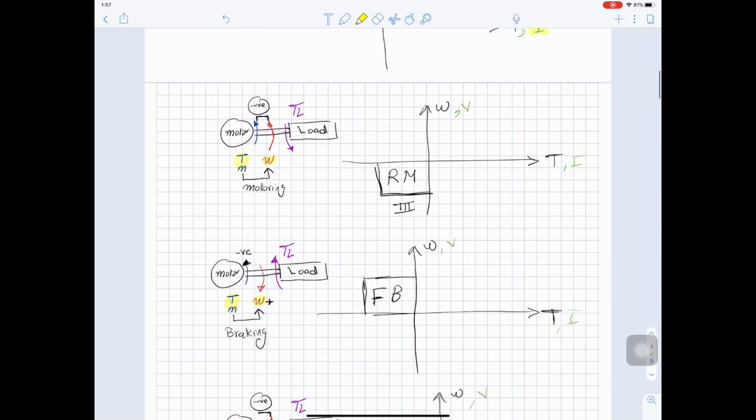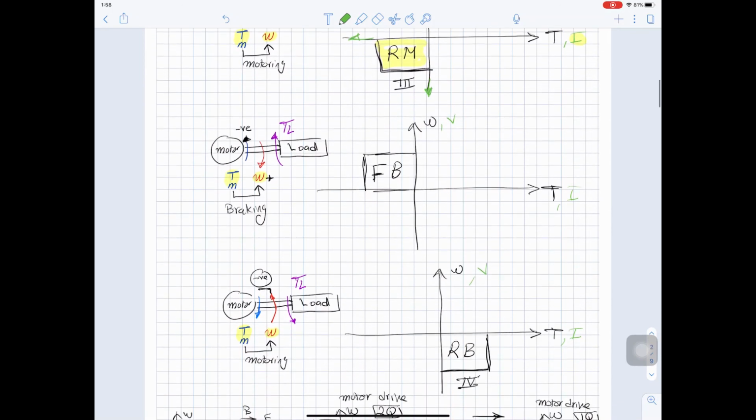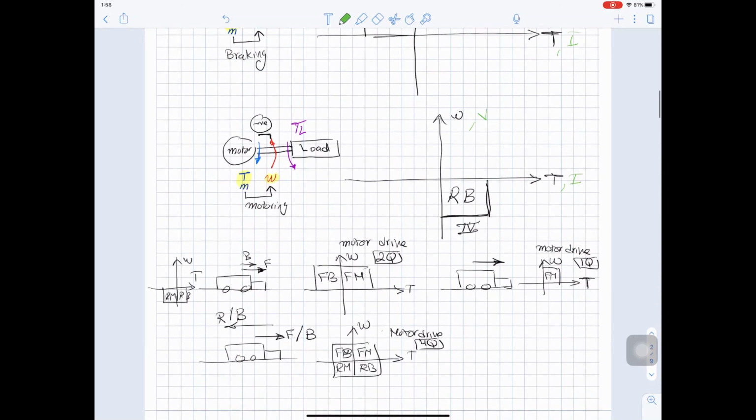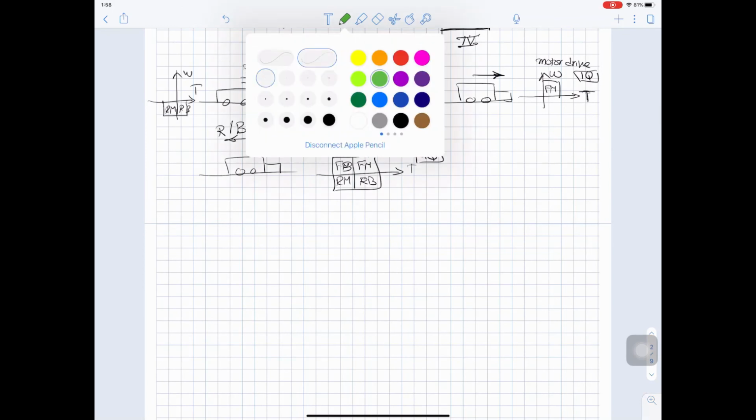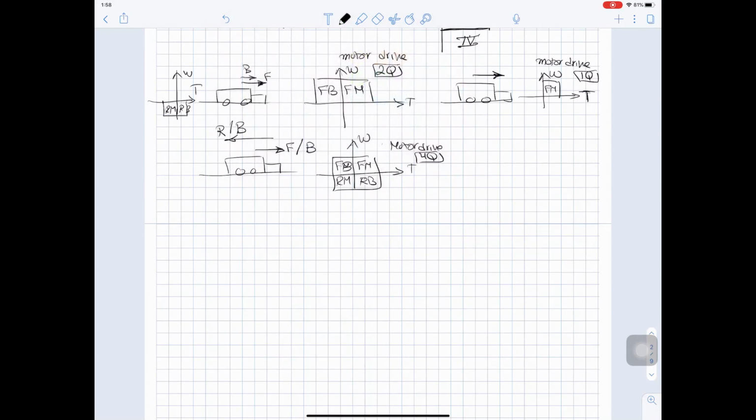To have a drive that can give us reverse motoring, we need a negative voltage and negative current. So the ability of the drive depends on the polarity you can generate from your voltage and your current.